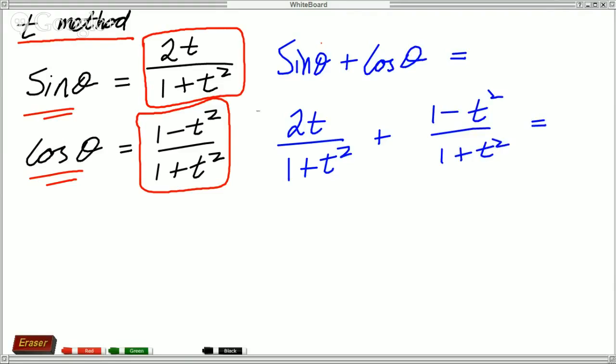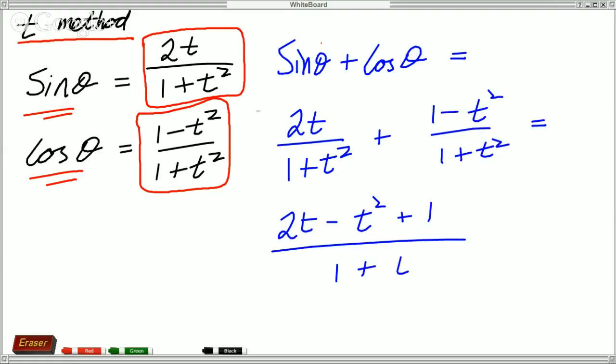And since we have a common denominator, it would be 2t minus t squared plus 1 over 1 plus t squared. So that would be our expression for sine theta plus cos theta just in terms of t.